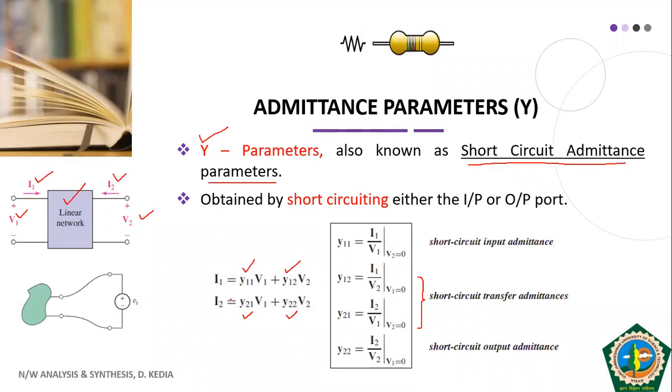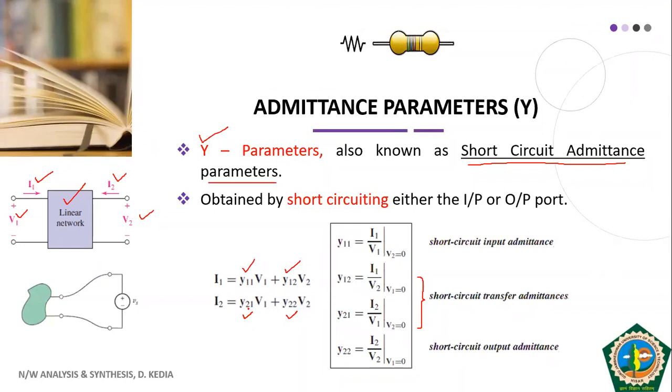So obviously we will have to express our circuit parameters in the form of V1, I1, V2 and I2. In a way you can say that we are characterizing our linear network in the form of admittance parameters, and those admittance parameters are defined on the basis of whatever input we are giving and whatever output we are observing.